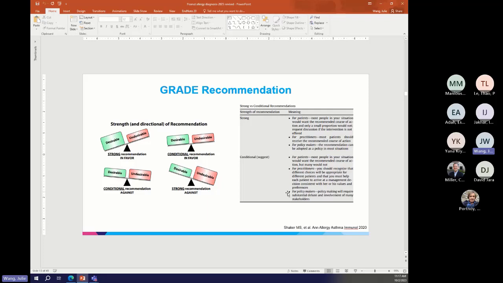These are the definitions for the different strengths and what they would mean. Basically, a strong recommendation would mean something that should be done for most patients, whereas a conditional recommendation means that you may make different choices for different patients depending on their unique circumstances.